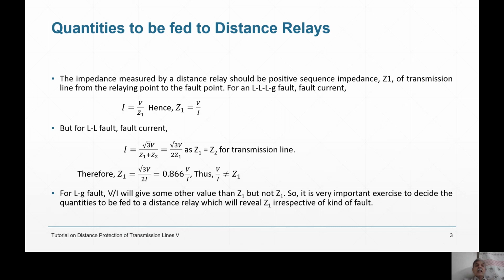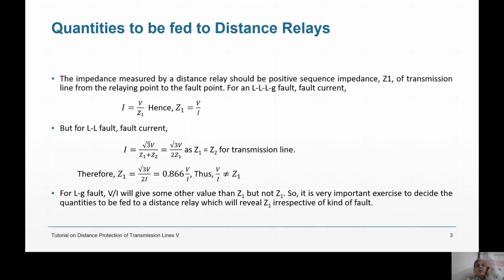R is equal to rho L by A, so R is proportional to L, and in the formula of XL, that length L comes. So in any way, Z, the impedance of the line, is proportional to the length.